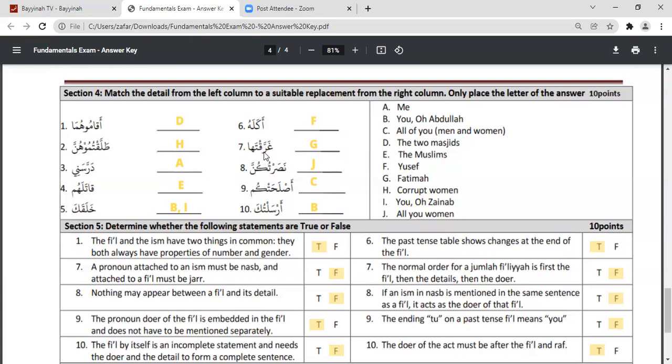Then waraqtaha. Waraqta is basically anta, right? Or anti. It is Nasara, Nasaru, then Nasarat, Nasarata, and Nasarna.